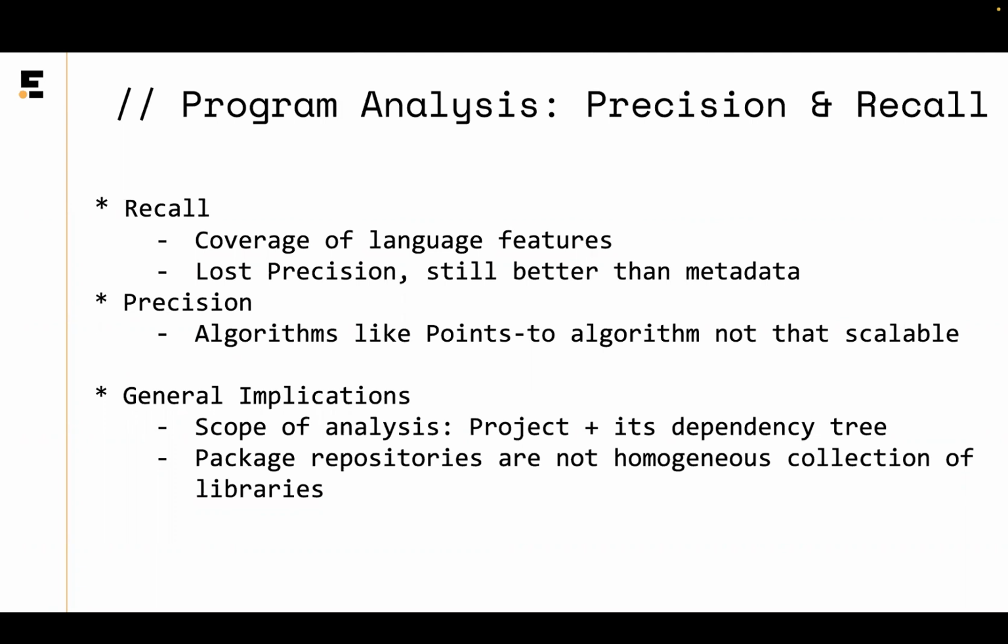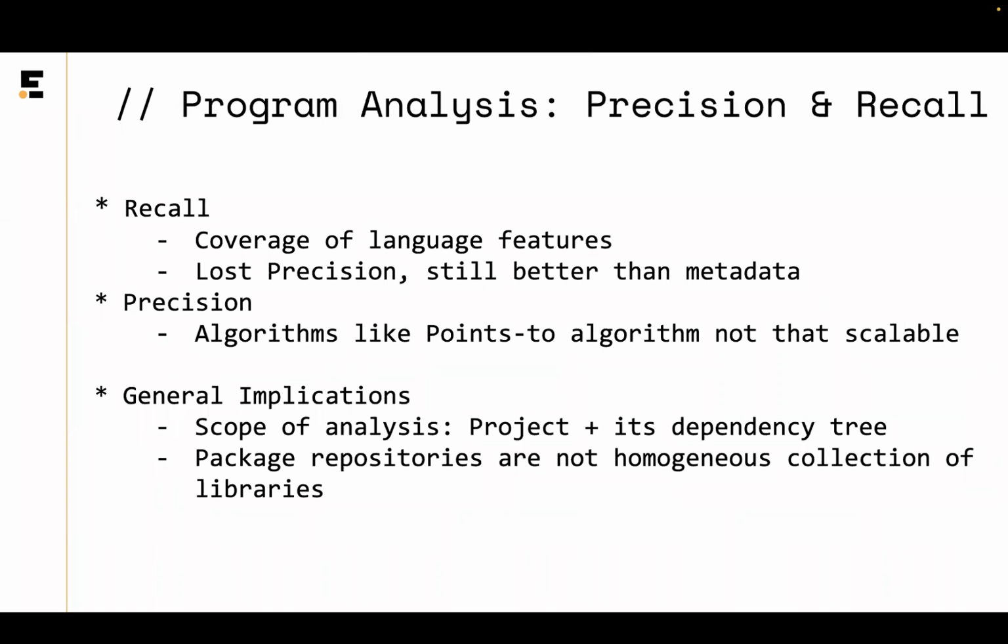And the other thing is that whenever we generally apply static analysis, we are able to make certain assumptions around the code we're analyzing. But when it comes to package repositories, those assumptions don't really apply, because we cannot expect that package repositories are a homogeneous collection of libraries.